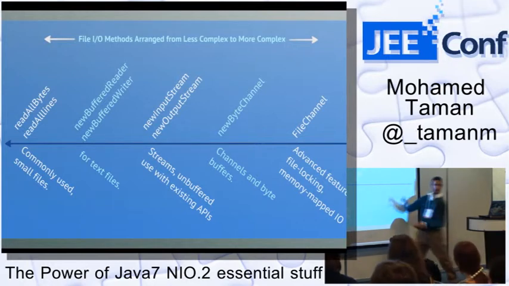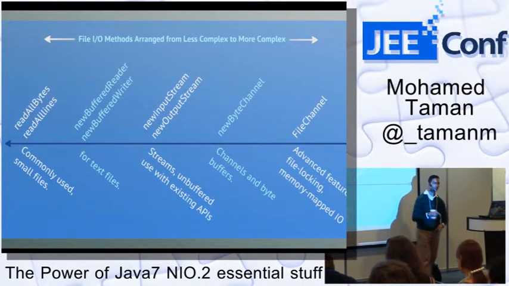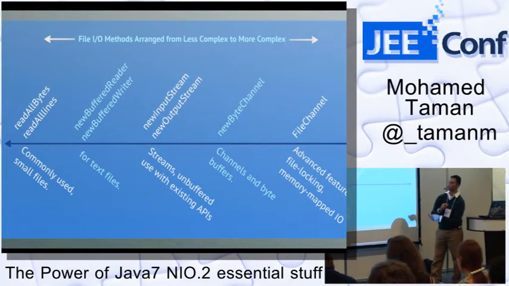And you have channels. Channel means I'm working with data back and forth in memory, which means I should use buffers, like RandomAccessFile works with channels.